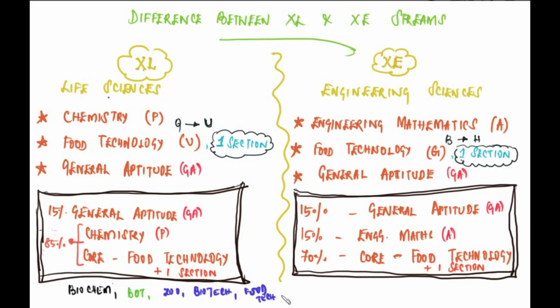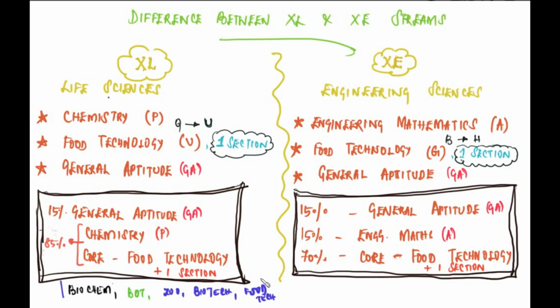Any candidate who chooses the XL or life sciences stream for appearing for the GATE examination will have an option of selecting 2 different subjects under the stream. They'll have to select from biochemistry, botany, zoology, biotech or food technology.